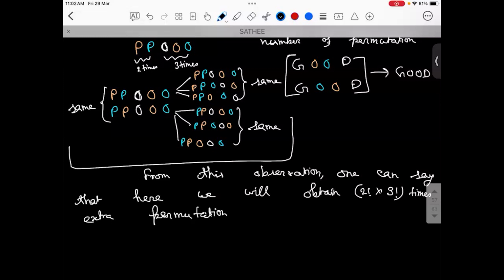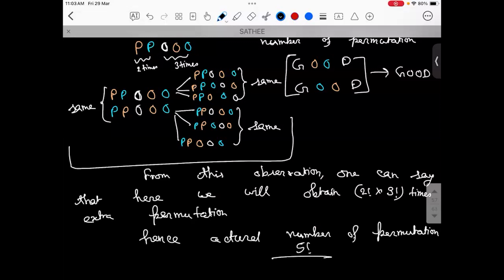So what will be the actual number of permutations? Hence, the actual number of permutations is 5 factorial divided by 2 factorial into 3 factorial.